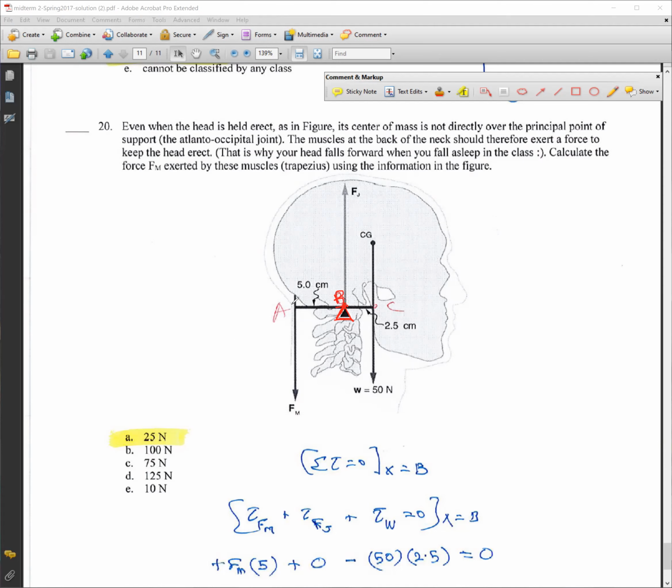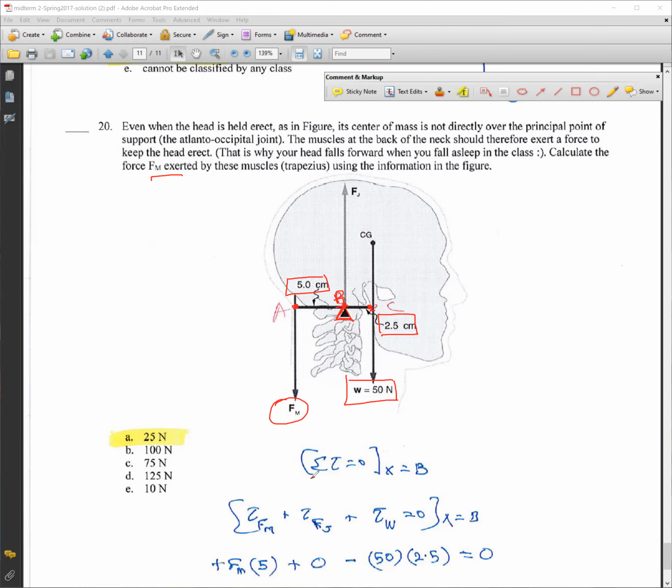Then the muscle force is at 5 centimeters from the fulcrum, acting at point A. And then the weight of the head is at a distance of 2.5 centimeters, and the weight is 15 newtons. Now, we're asking you to find this force due to muscles, which will balance the head in this case.